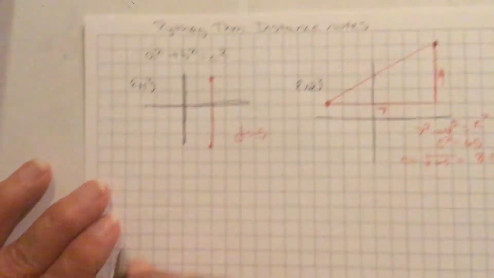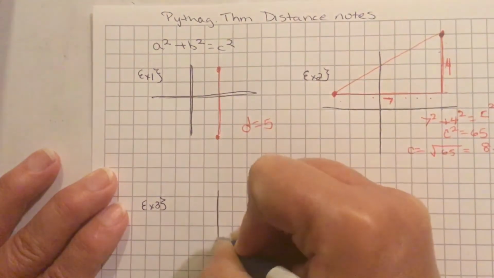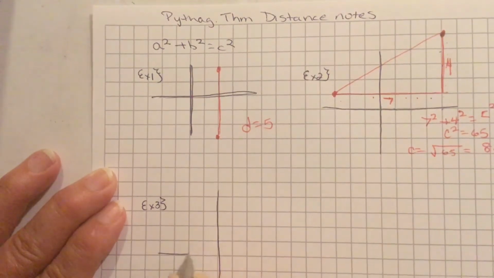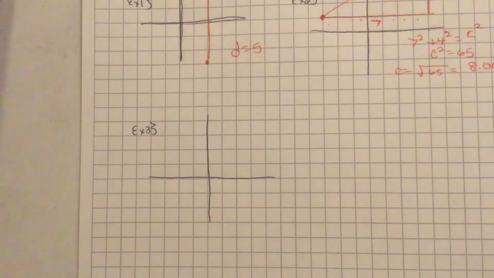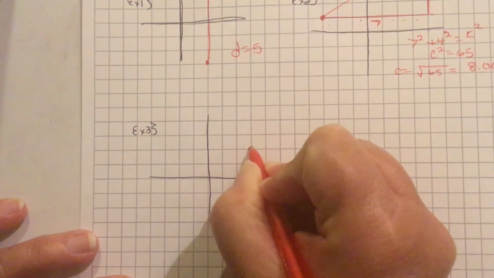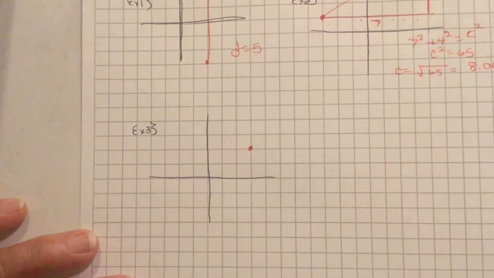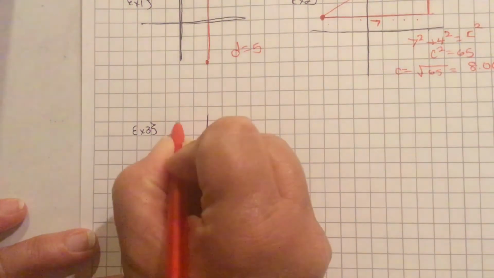Okay, let's try another one. All right, let's put a point on (3, 2) and a point on (-2, 4).